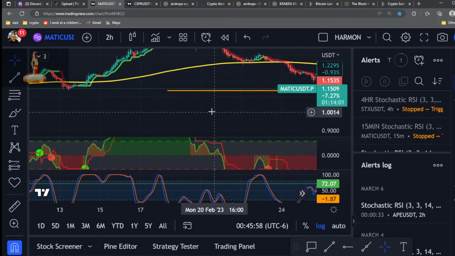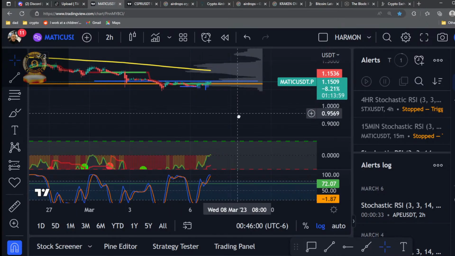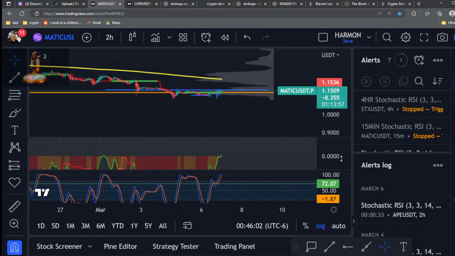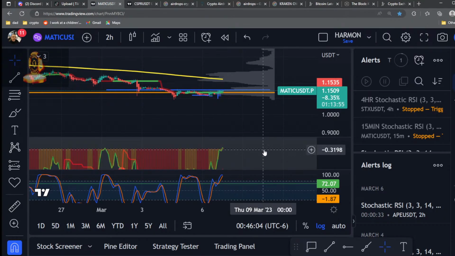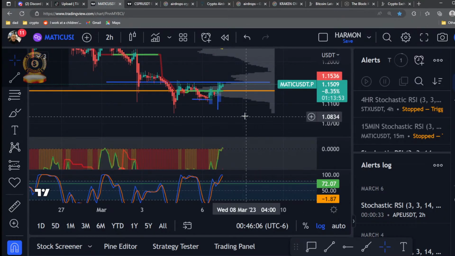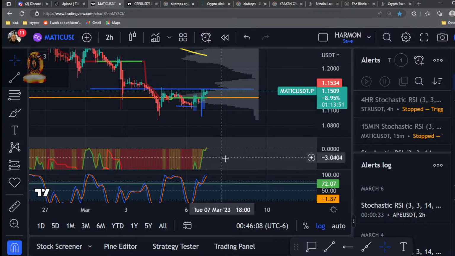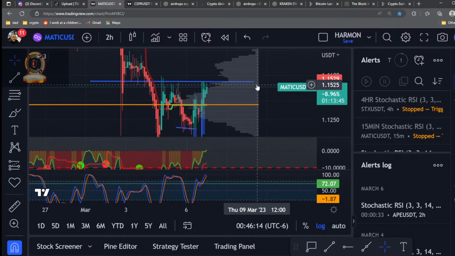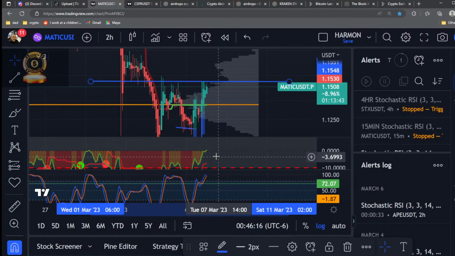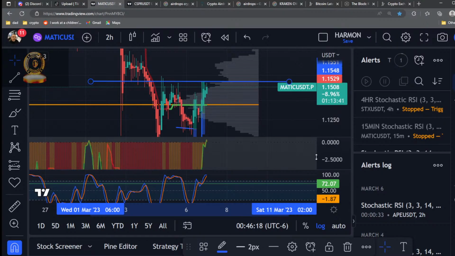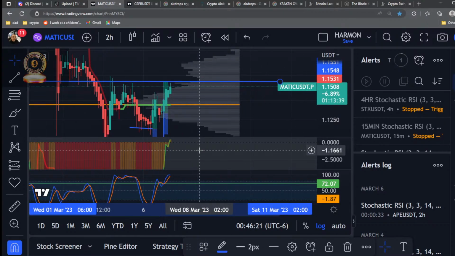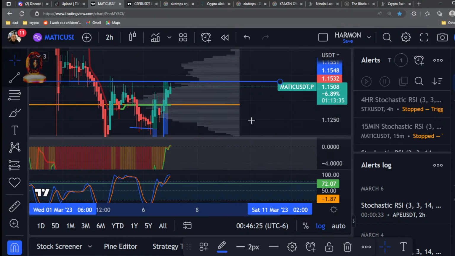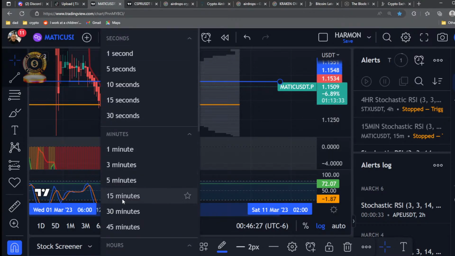The difference is you cannot jump on this trade until you see this positive volume, which it looks like it's starting to actually build. See that? There's a little beacon of hope there.